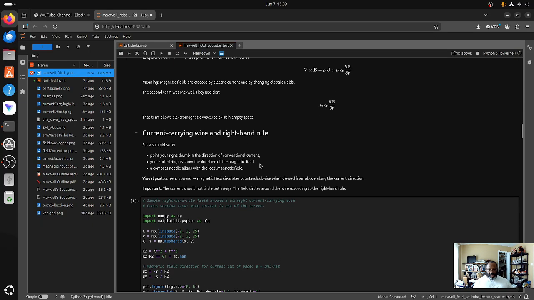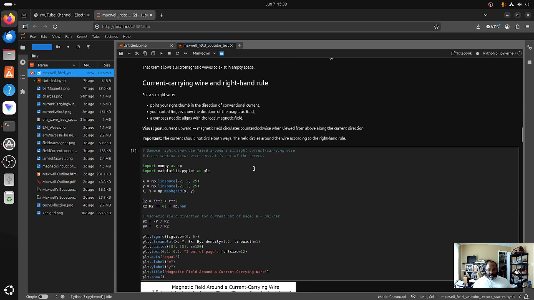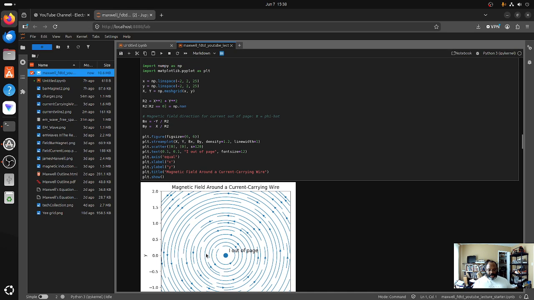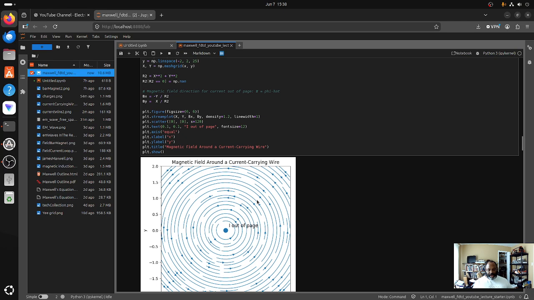Now finally, I want to talk about the magnetic field of a current-carrying wire. I'm going to have a straight wire, and I'm going to talk about the right hand rule. I was looking for an image of that. I could not find an image, so here is some code written that will generate a picture of a current-carrying wire and the magnetic field around it.